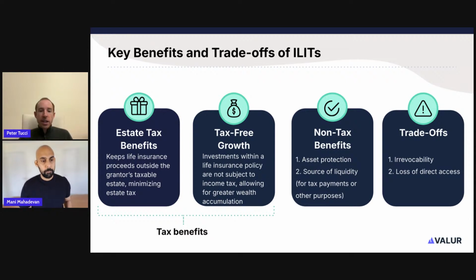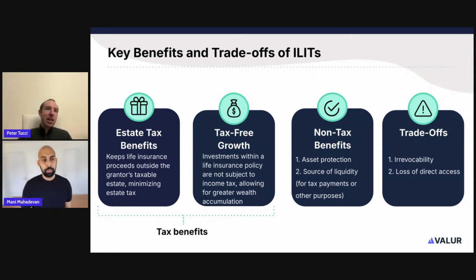Then the other benefits, two really obvious non-tax benefits. One is the trust provides asset protection, which is pretty significant for a lot of people who are worried about it. And two, it provides a convenient source of liquidity.